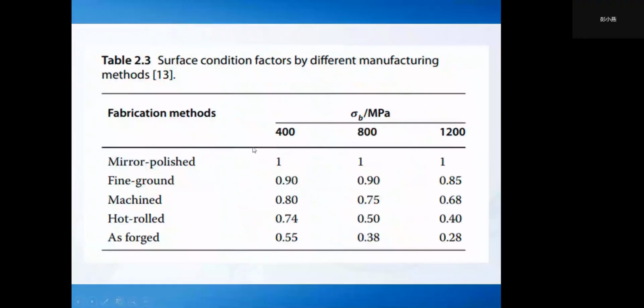And table 2.3 on page 37 of your textbook represents size factors for bending and torsion, and the vertical stress of material increases rapidly as surface quality is improved.